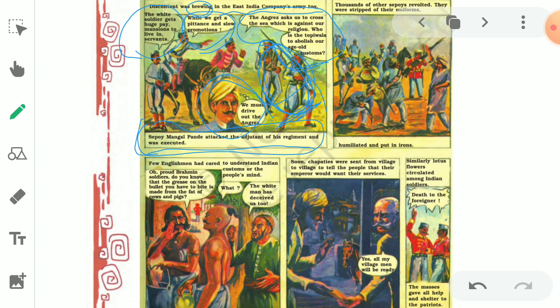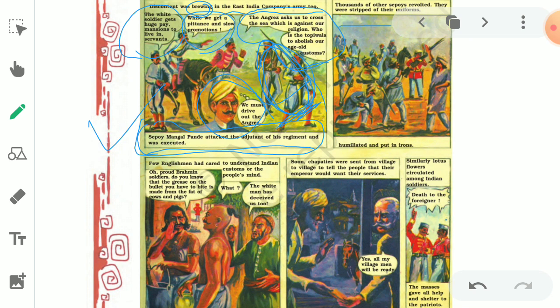Here, Mangal Pandey was a soldier in the army. So he attacked the army officer of his regiment in his administrative block. In this way, he broke the law in the field. That's why he was executed, killed just because of his wrongdoing. In this way, he was punished and killed.